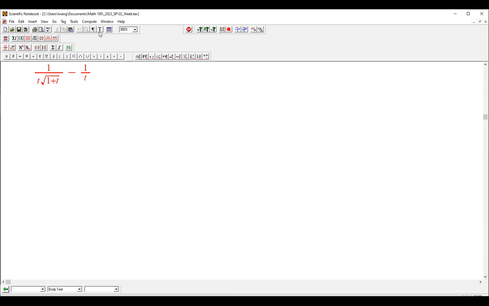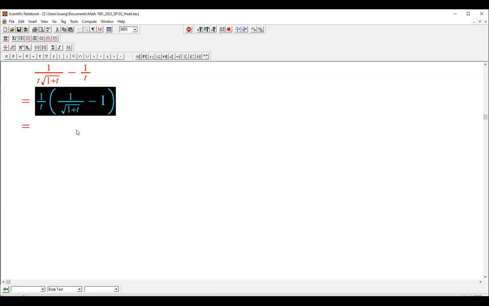Let's move on with a few steps. Here we have a 1 over t, we have a 1 over t. So what we could do is factor out 1 over t, and then inside the parentheses we will have 1 over the root of 1 plus t, minus 1. Then we want to find the common denominator.